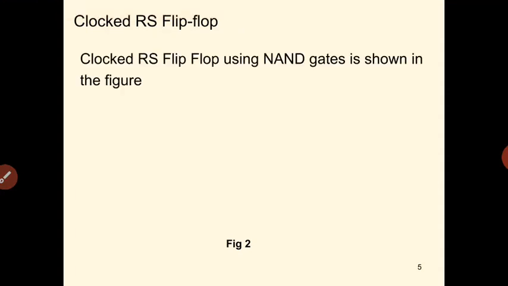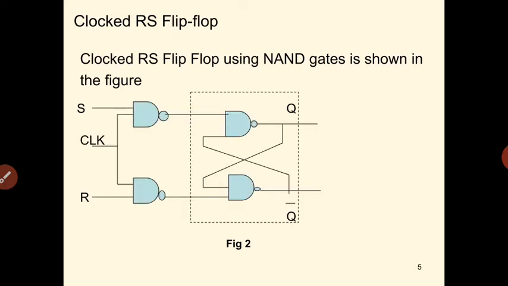That means in addition to the R and S inputs to the flip-flop, you also have another input called clock. This is the circuit diagram of the clocked RS flip-flop using NAND gates.